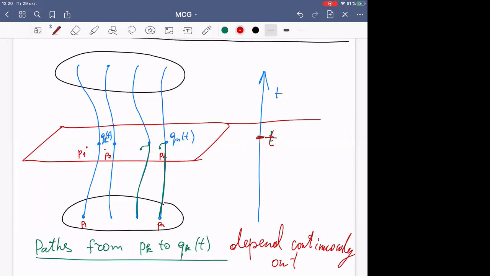Now we may go for t from 0 to 1, and we start with the identity homeomorphism below.